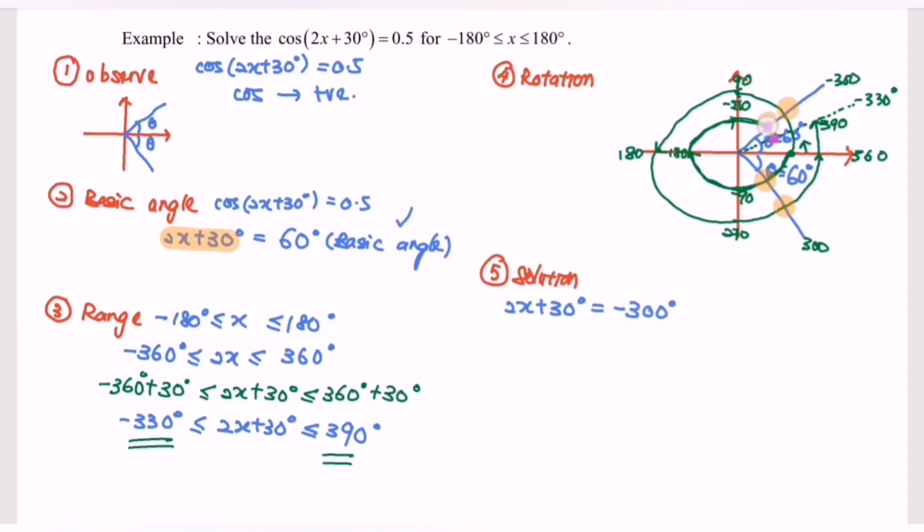Next we proceed, and there is no intersection until this point, where the situation will be negative 60. Why negative 60? Because this is 0, and if we follow clockwise, it will be negative 60.